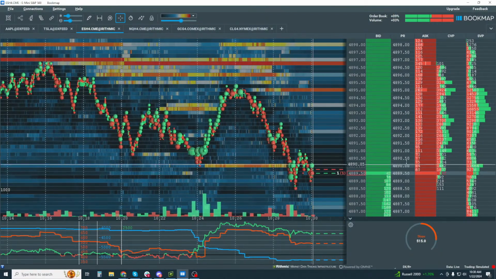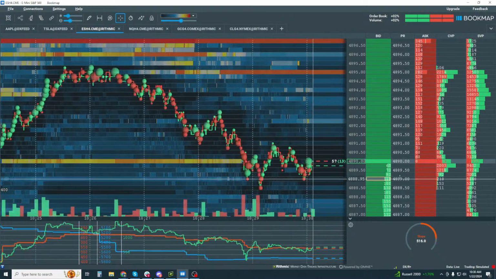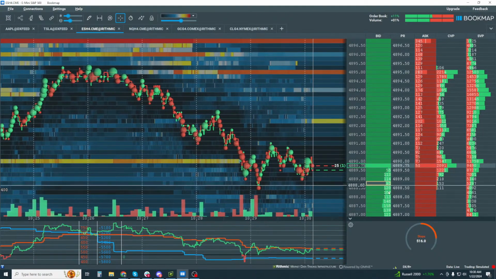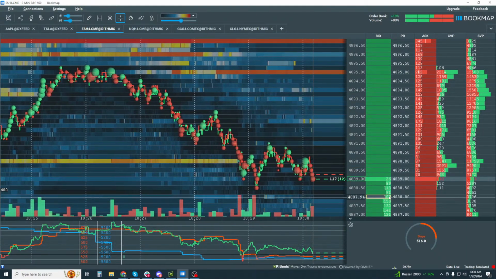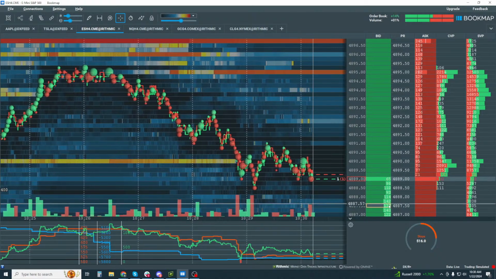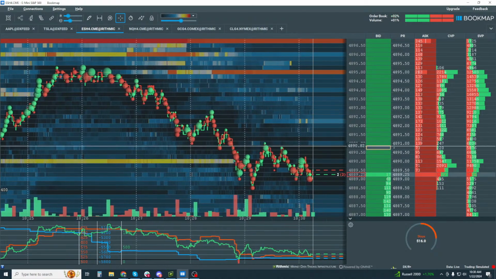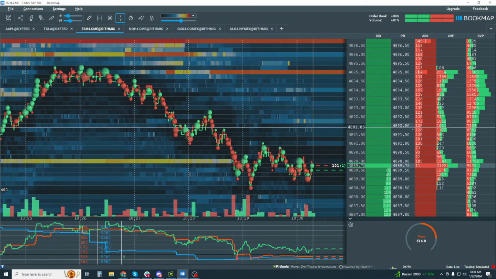Let's take a look in here, and we're going to relate the heat map to the DOM. Now I can see the bid getting a little more active here, down around this 88 level. So that's going to be a pretty key level.